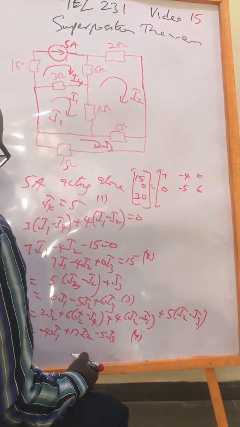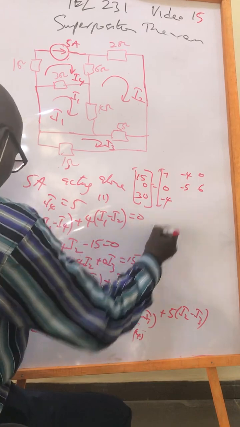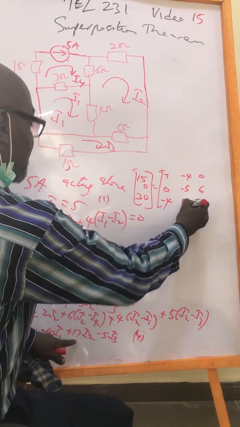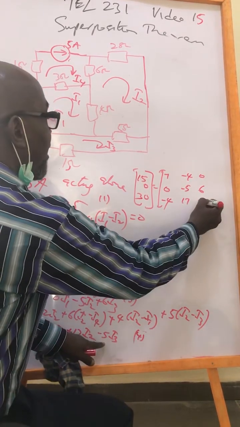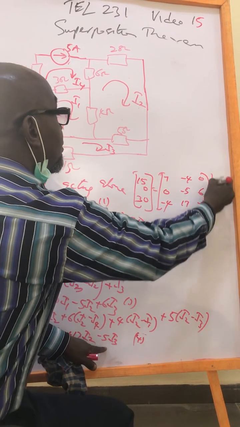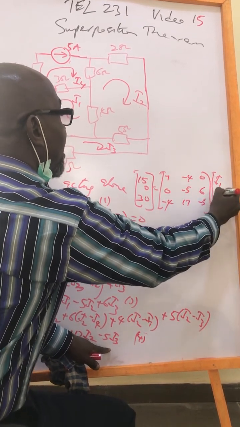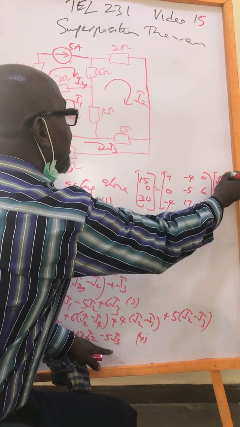For the last, minus 4, 17, and minus 5. This will be I1, I2, I3.